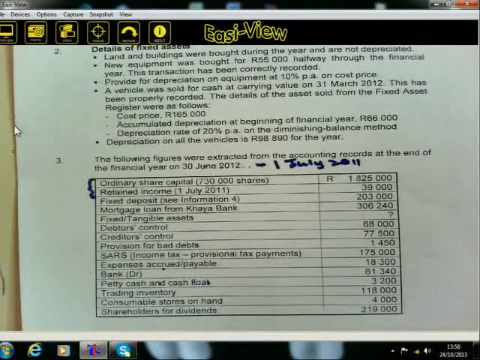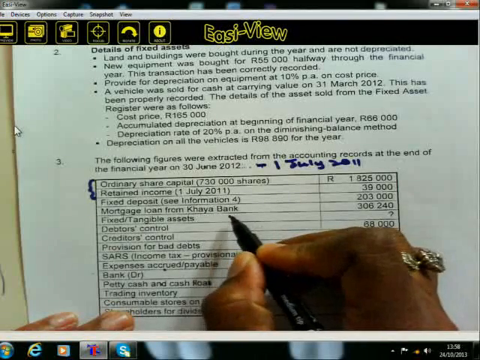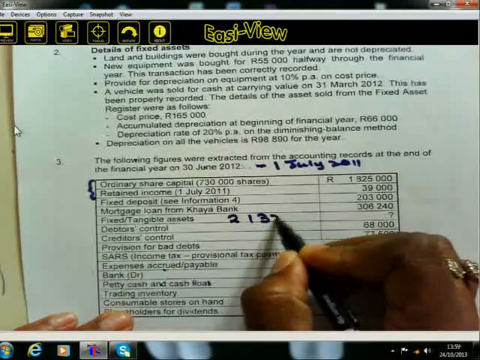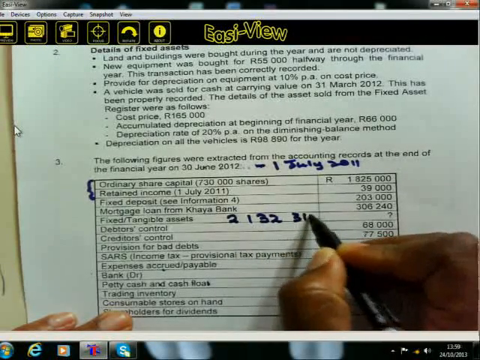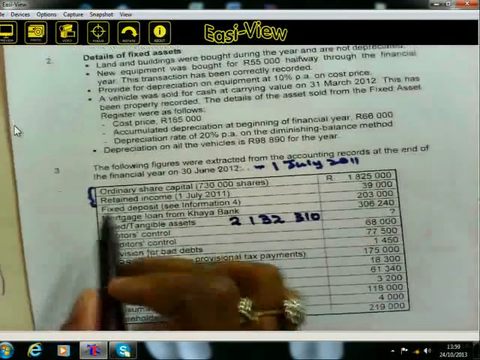Now, according to the information given, because I'm not going to do the fixed asset note, I'll just take the amount for fixed asset as it is and put it here. It was 2,132,310.